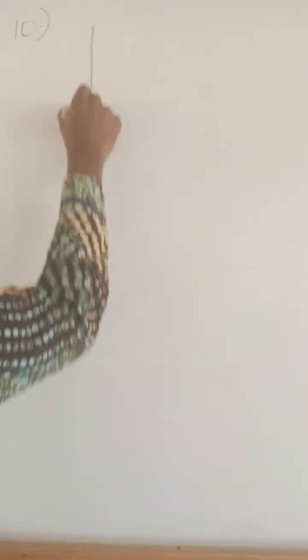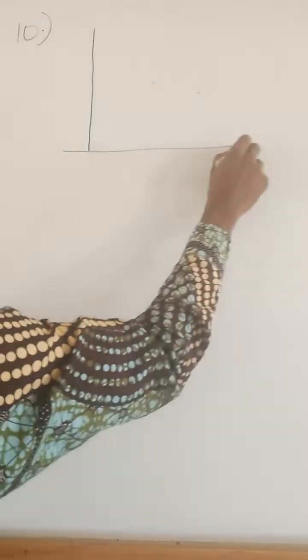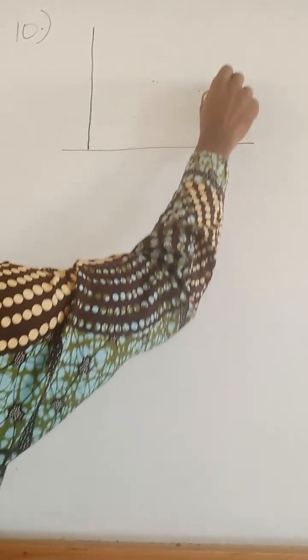Now the diagram goes like this: the height on which the woman was viewing the flagpole. This is the ground, then the flagpole.